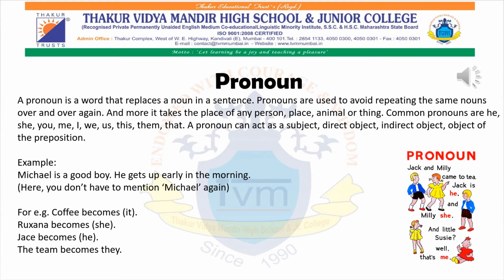If it is any kind of object, then we use the pronoun it. If she is a girl, then we use she. If the noun is a boy, then we use he. And if it is talking about someone as a whole, as a team, then we use the pronoun they.